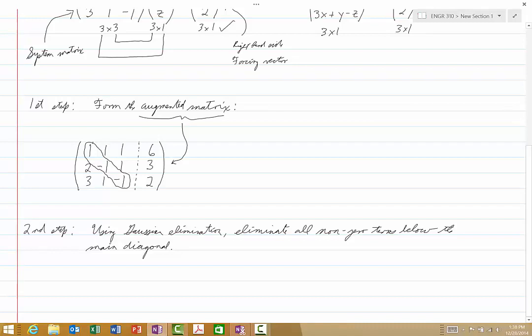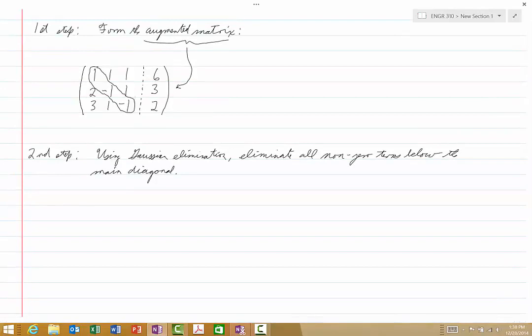And we see that at the present time we have 3 non-zero terms below that main diagonal: 2, 3, and 1. All of these are non-zeros. So we have 3 non-zero terms below the main diagonal, and we would like to use Gaussian elimination to eliminate those numbers. And so what is Gaussian elimination?